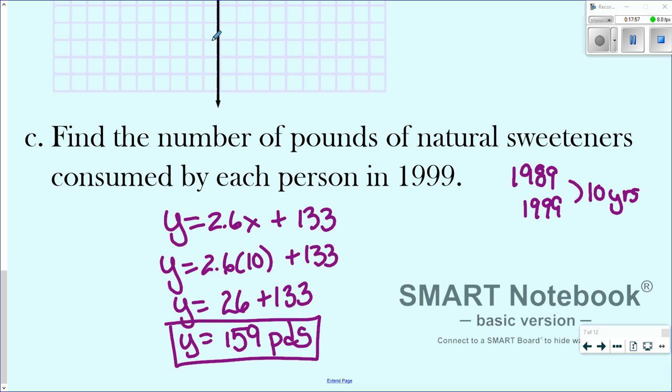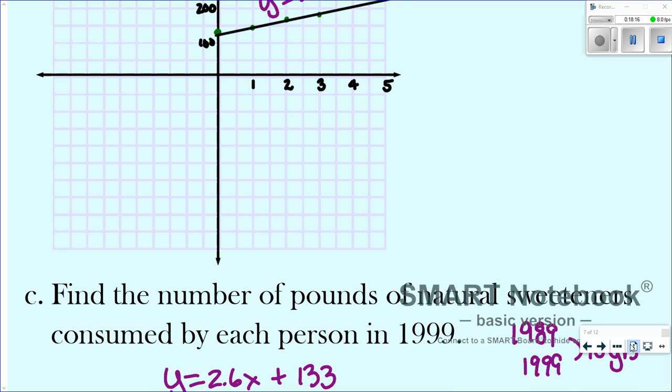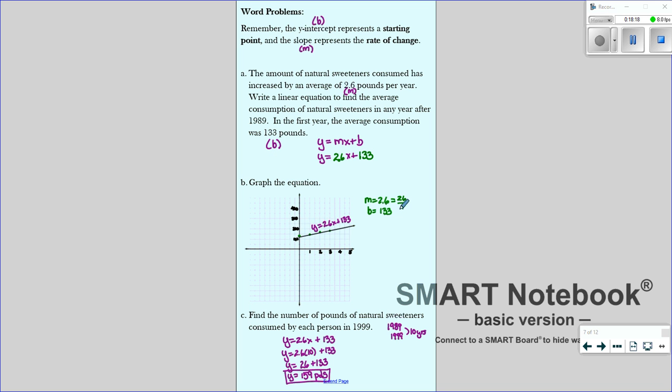So again, using your equation and all that information I gave you, you're able to find the information you need based on using the slope and the y-intercept. When you're dealing with word problems, remember the slope is represented by the rate of change.